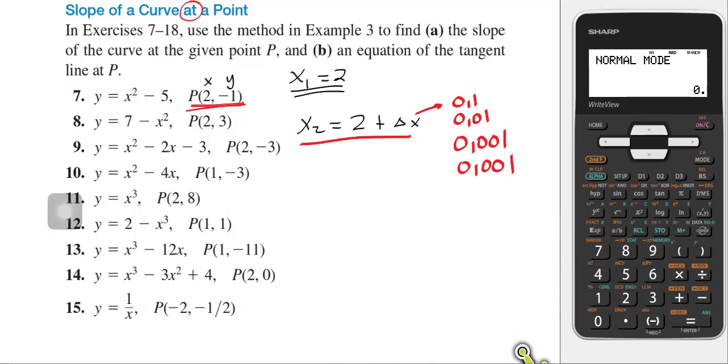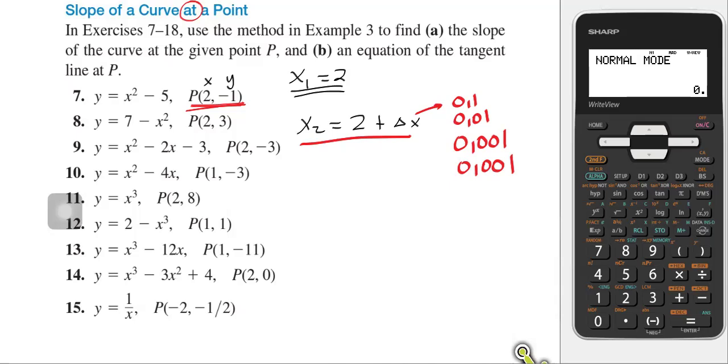Now, remember I showed you this method of a table? I want to show you another one, a quicker one. You keep that delta x as it is. Then you're going to do that gradient method, exactly how I showed you.